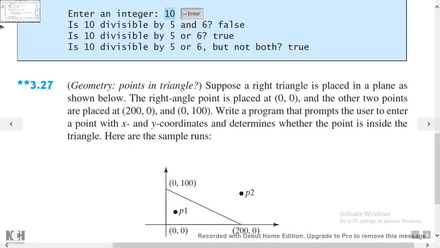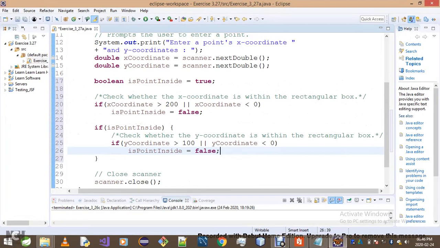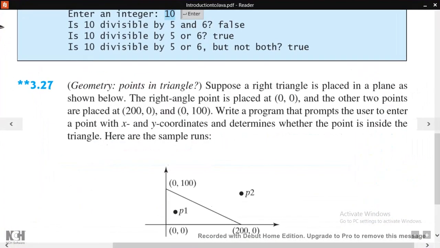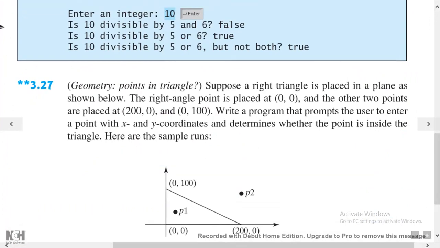Like P1, for instance. Okay, so my next task right now is to determine whether a point is to the right or left of this line over here, the one with the points 0, 200 and 200, 0.